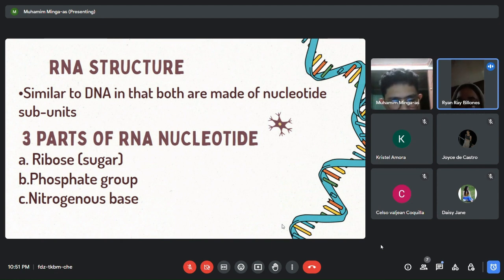The phosphate group is important in activating proteins so that proteins can perform particular functions in cells. Then the nitrogenous base, the last one, also called nucleobase because they play a major role as building blocks of the nucleic acid in the DNA and RNA.